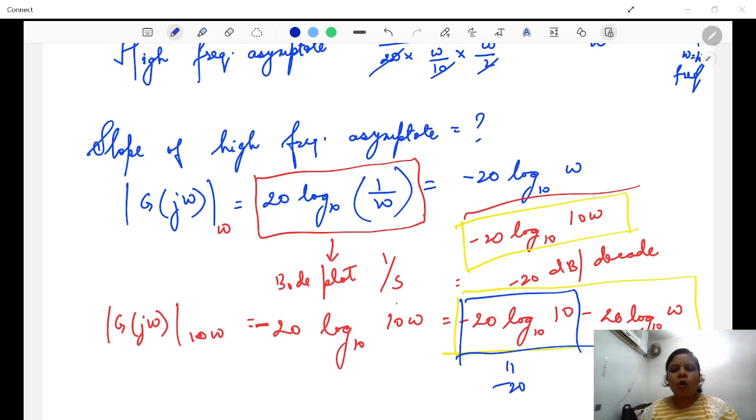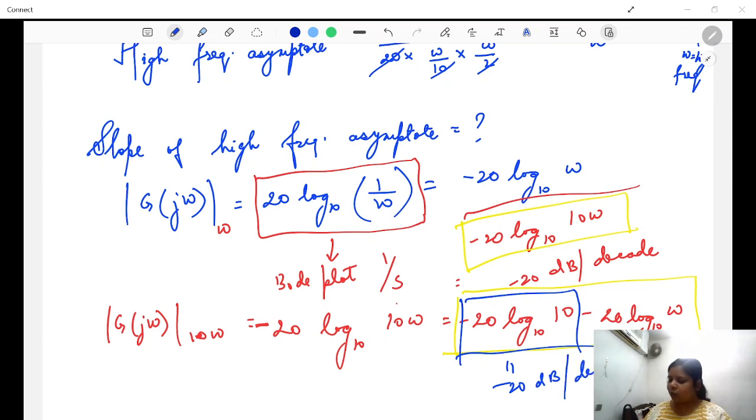So when you move from omega to 10 omega, that means when you move a decade, either forward or backward, you can check it anyways. It was not necessary to have 10 omega. You could have checked for like 10 omega and 100 omega. It was your choice. But I chose omega and 10 omega just to see what is happening in a decade. And in a decade, we can see that there is a decay of minus 20 dB.